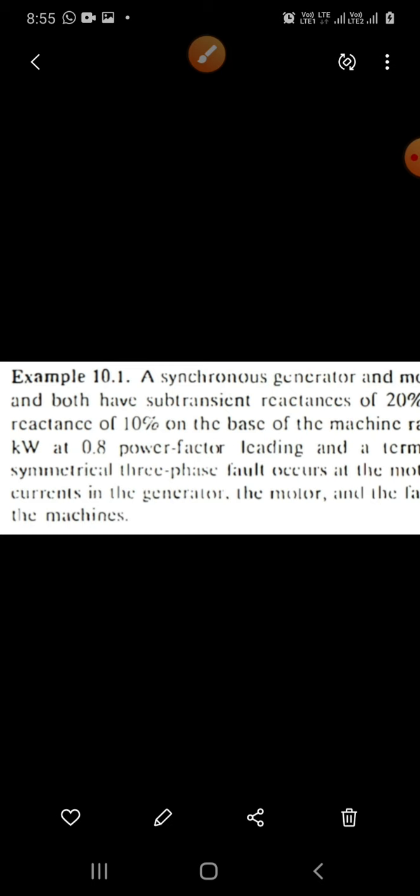And another thing is we have to find out the fault current by using the internal voltages of the machines. These are the things we have to find in this numerical. So come to the solution now.